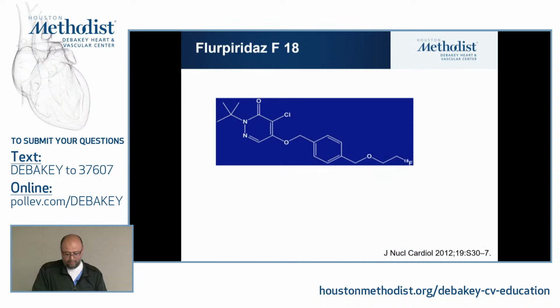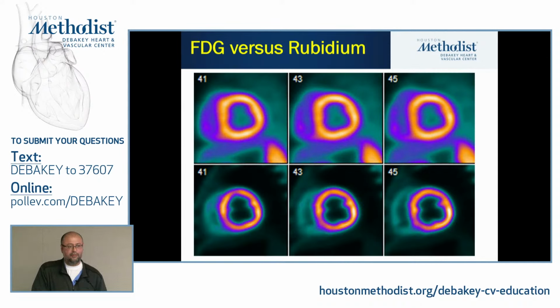Now, F18 has good radiotracer activity, and what's the half-life of that? 2 hours. So technically, you can produce it here and send it to Dallas, or send it within 2 hours. All you need to do is produce double the dose, so half of it will decay on the way, and half of it will make it there.